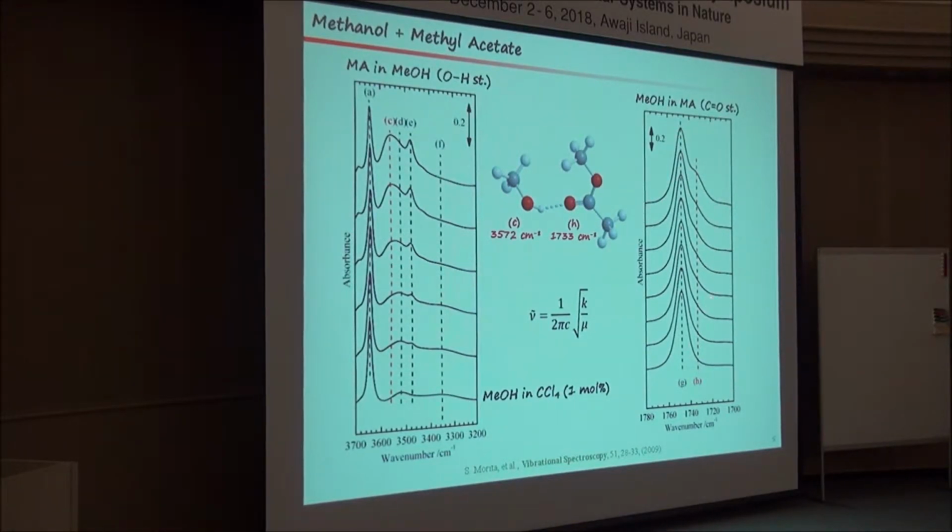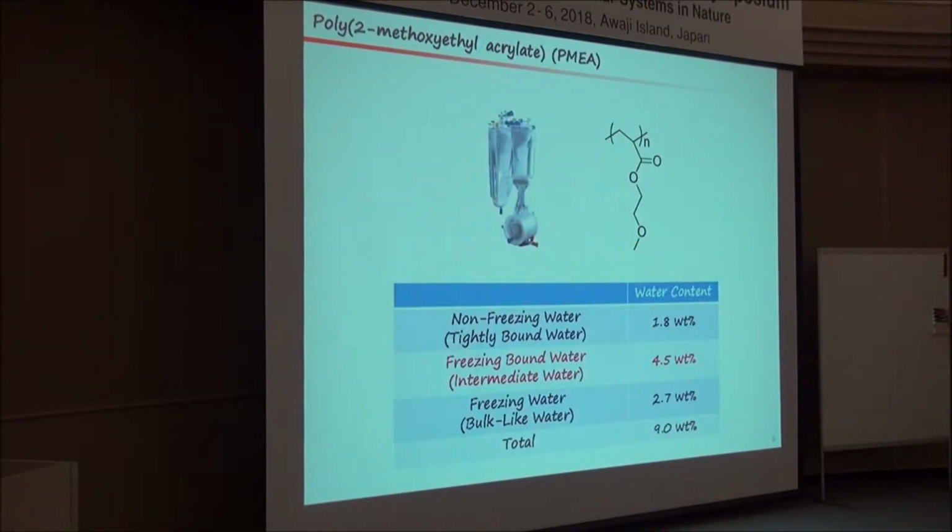With increasing concentration of methanol in the solution, a shoulder peak appears at 1733. This is the evidence of the hydrogen-bonded CO. Like that, we can obtain not only the OH vibration, but also the counterpart chemical groups by mid-infrared spectroscopy. Today I'm going to talk about the result for PMEA, already described by Professor Tanaka.